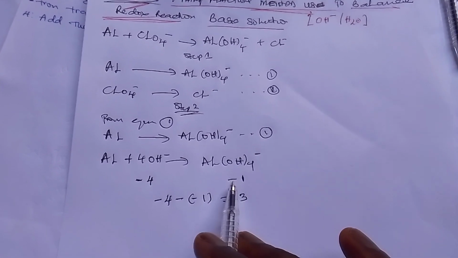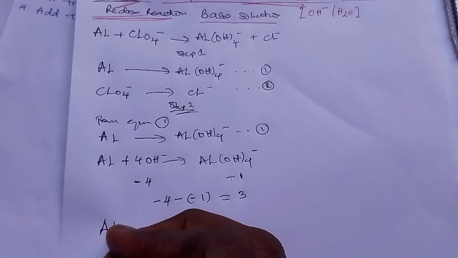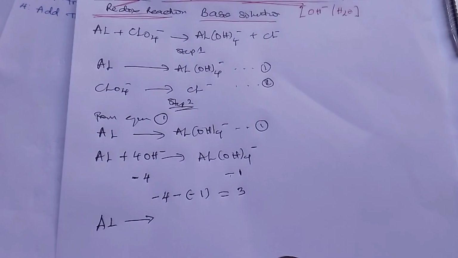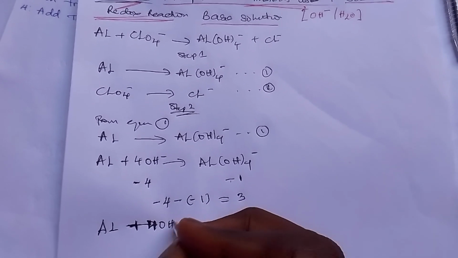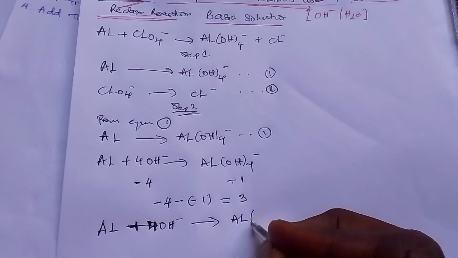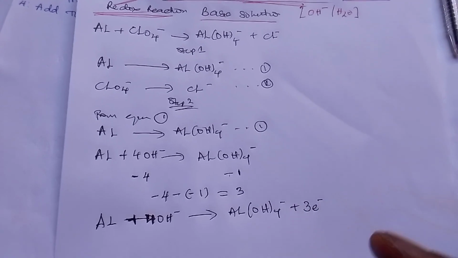The highest charge is -1. My new equation becomes aluminium plus 4 hydroxyl, and it gives me the aluminium polyatomic compound plus 3 electrons.